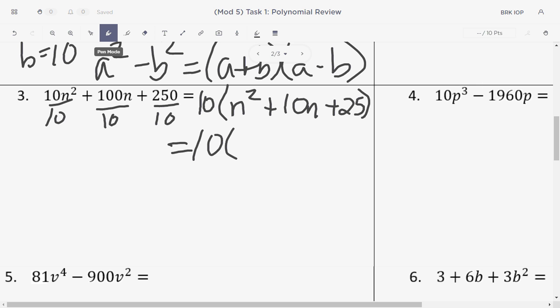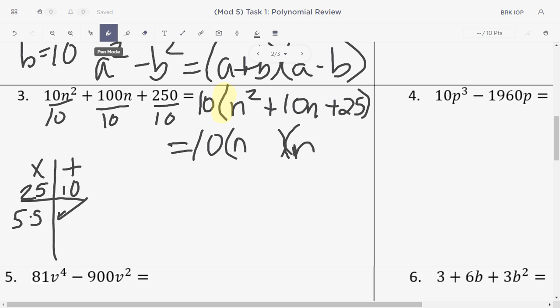So if you recognize it as a perfect square trinomial, go ahead and factor that. Or you can say 1 times 25 is 25. I want to multiply to 25 and add to 10. That's factors of AC that add to B. And that would be 5 times 5. Okay, now here's the thing. Because my leading coefficient is 1, I get to do the little shortcut method.